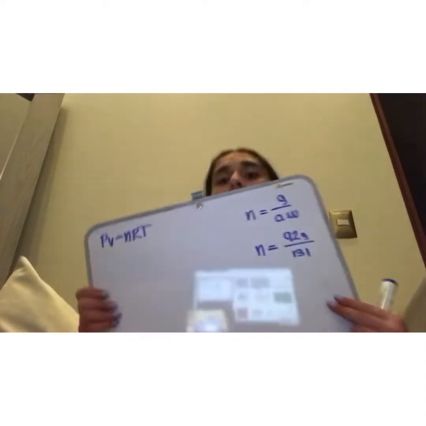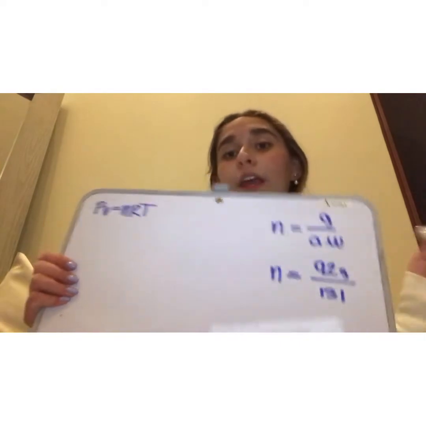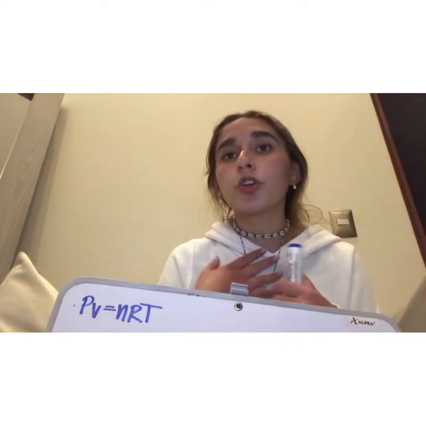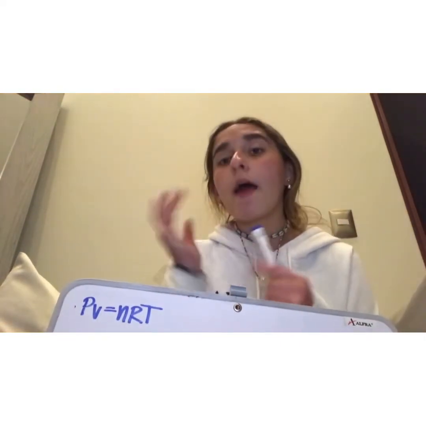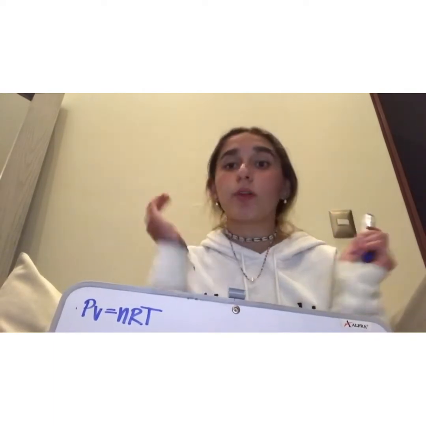Okay, so we have a formula that moles equal grams divided by atomic weight. Here is our formula, that is moles equal to grams divided by atomic weight. Okay, for atomic weight, we are going to use Xe, that is xenon, because our problem says that this is the one that we need to use.